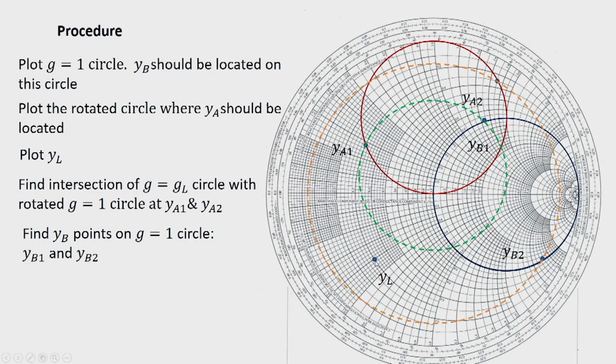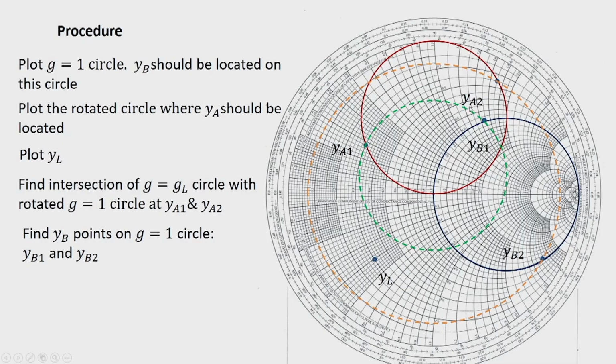So, starting from this point, this additional susceptance when added will transform YL to YA1 values, and we can calculate the length of the stub that would be necessary for this additional susceptance.